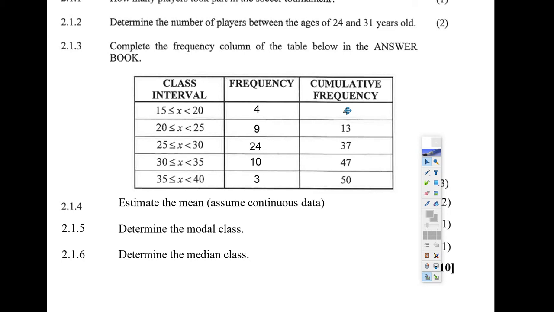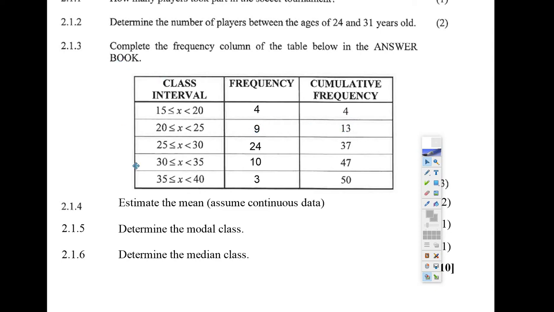So what it's telling you, I know there's 4 players between 15 and 20, 9 between 20 and 25, but you add them up. You see, 4 goes to 13. It means that number must have been 9.